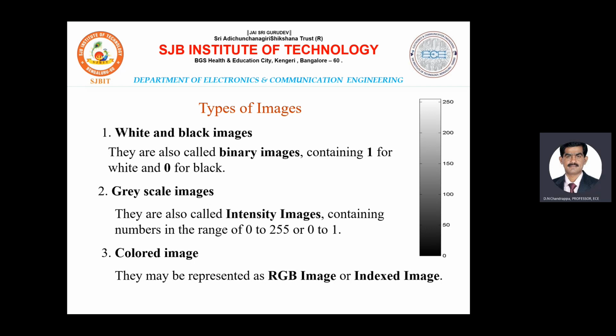This color image may be called an indexed image or RGB image. Here, each component, red, green and blue, has values from 0 to 255. But in our image processing, mainly we use only gray images.